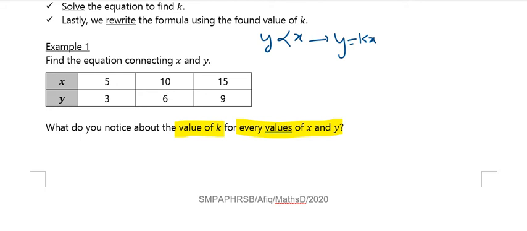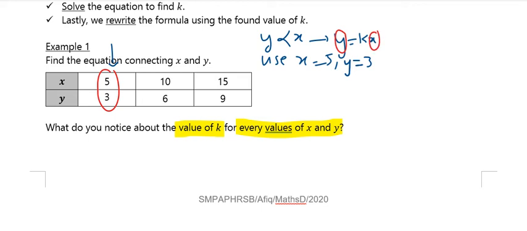Right, so let's start here. We use the first pair of x and y that we see, which is 5 and 3. So we're going to substitute into the equation above, y equal kx, to find k. So x equal 5 and y equal 3.